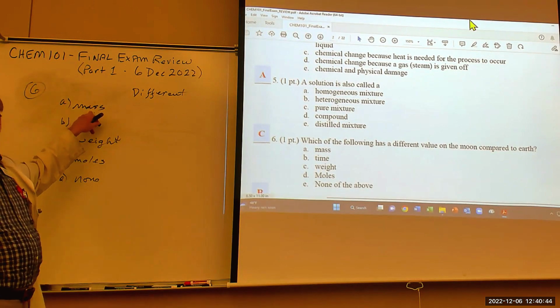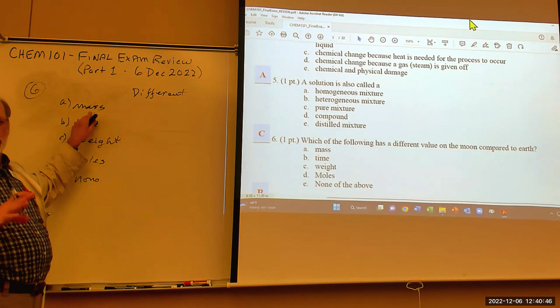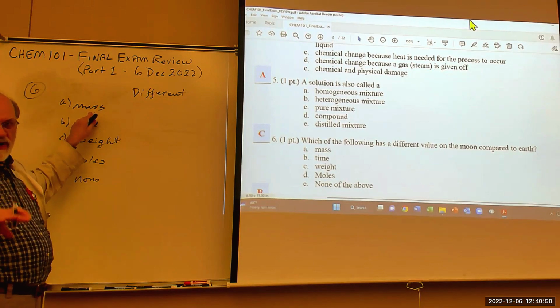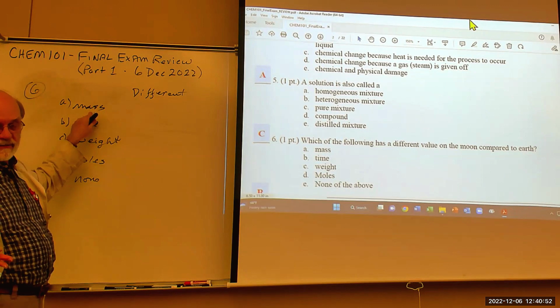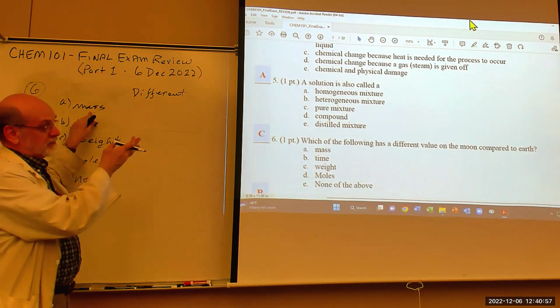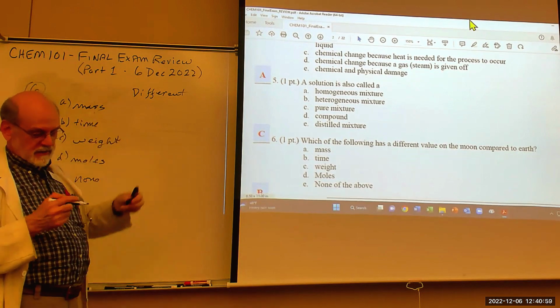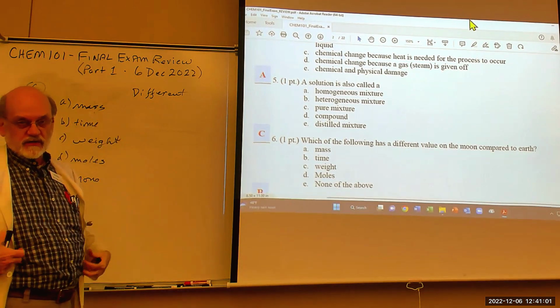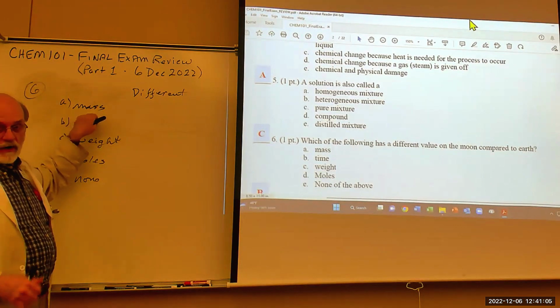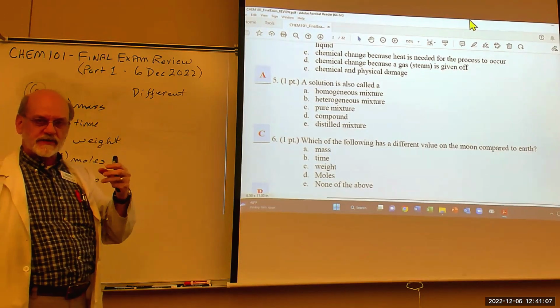Mass is the same everywhere in the universe, except under extreme conditions. Sometimes we refer to rest mass versus relativistic mass, but we're talking about under most circumstances. And in fact, between the Earth and the moon, those are Newtonian situations, we call them. Mass is going to be the same no matter where you are, because it's a measure of substance.